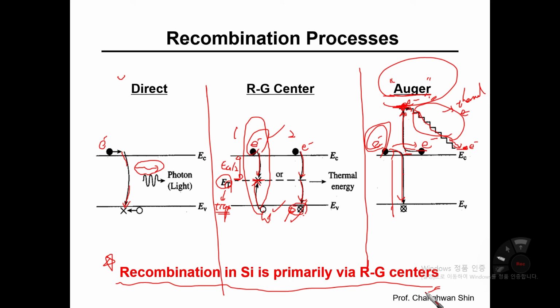So in silicon material, recombination primarily happens through recombination generation centers. In other words, perfect silicon in terms of crystallinity is not available in our hands. That is the main reason why recombination in silicon is primarily via RG centers.